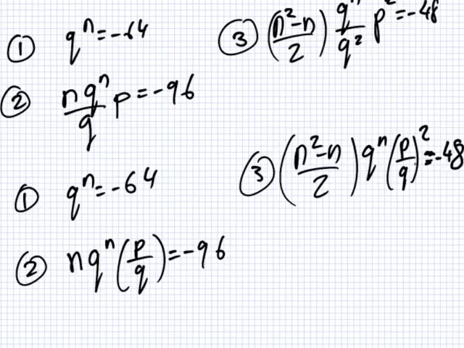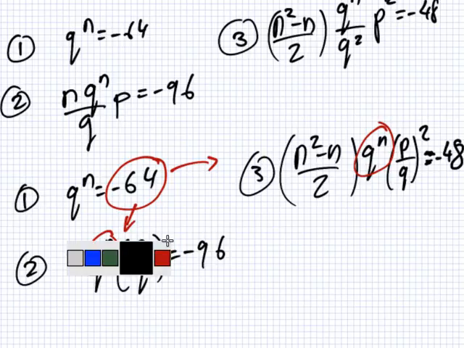Now things are looking a little bit better for us. So substitute the q in the second one. If you look here, you notice that in both of these you have qn. Can you see that? But you know what qn is. It's minus 64. So you can put this into both of these.